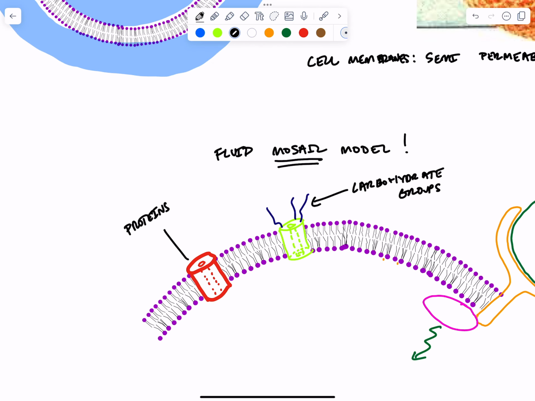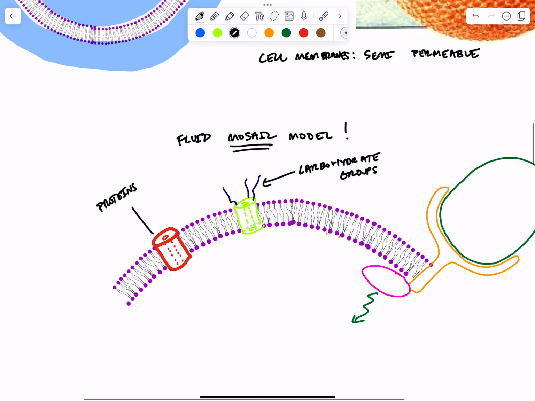A mosaic is a group of tiles of many different patterns and colors, and our cell membrane is studded with a lot of different components, not just phospholipids. So that's the mosaic part. The fluid part of this model is this idea that nothing in the cell is fixed in one place. This phospholipid is actually moving around in the cell.